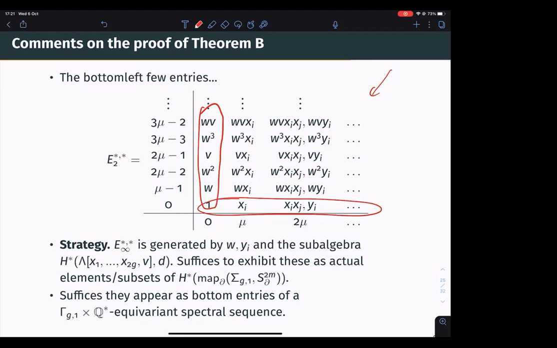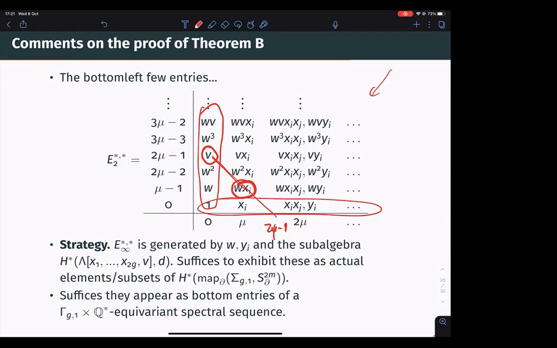Do we have things in the same diagonal? For example, this is in the same diagonal as this, because they both have total degree 2 mu minus 1. But for things to be in the same diagonal, this doesn't happen too often.